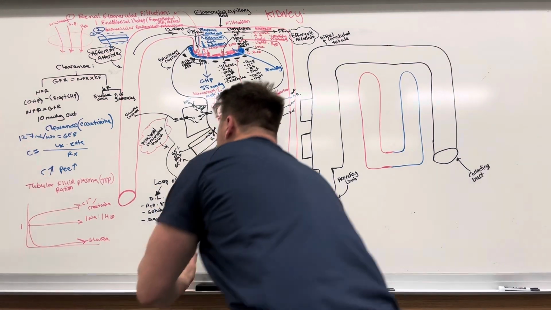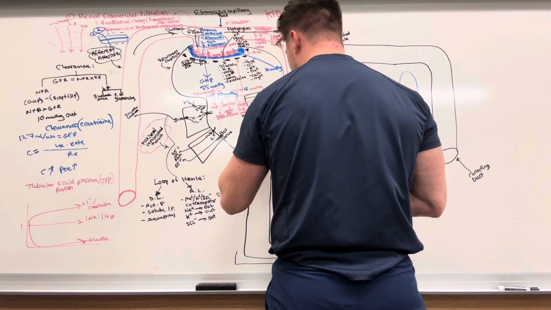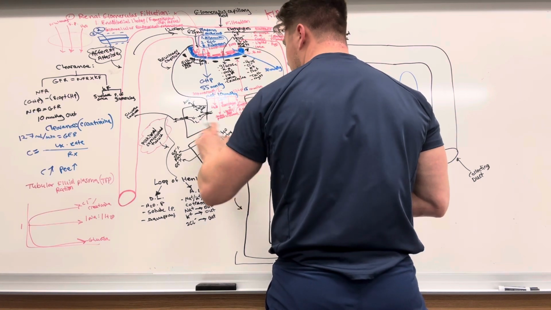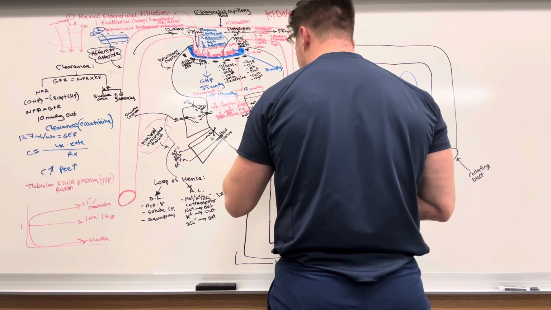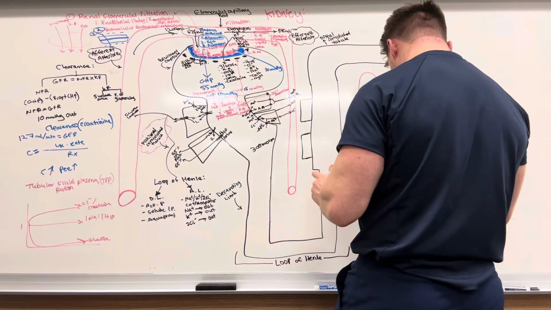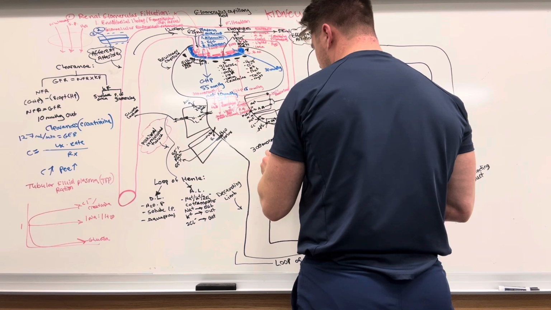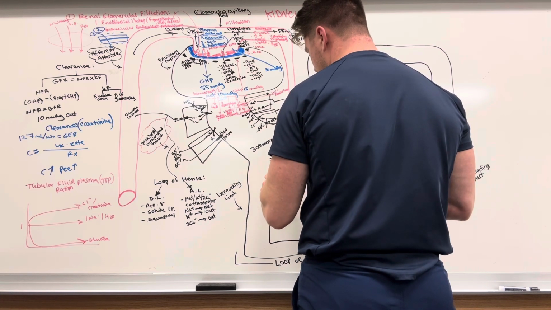So we have this thing that occurs where our osmolarity is going to stay about 300 because everything that left is going to be about the same. 300 milliosmolars, right? And then we have all of these water channels here.